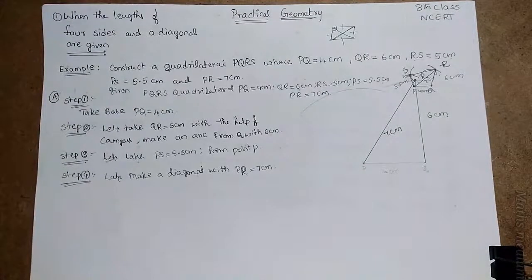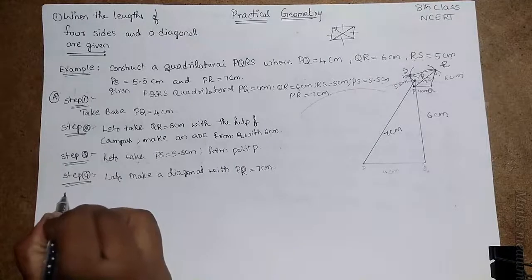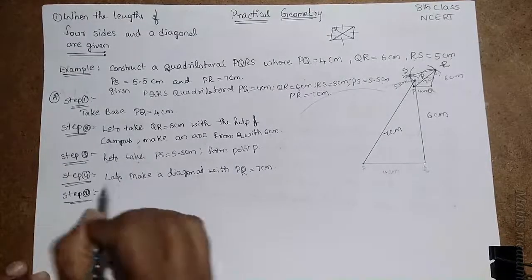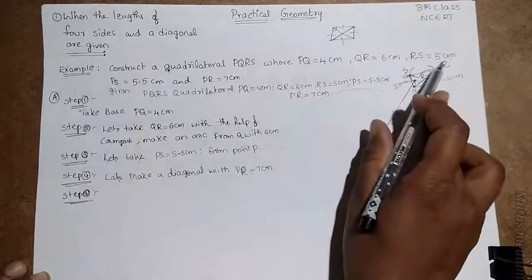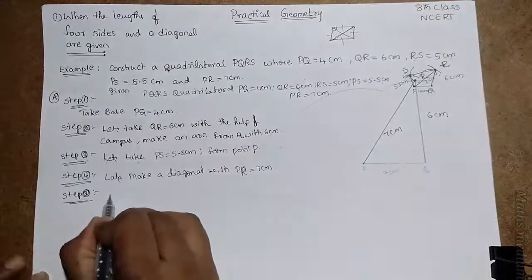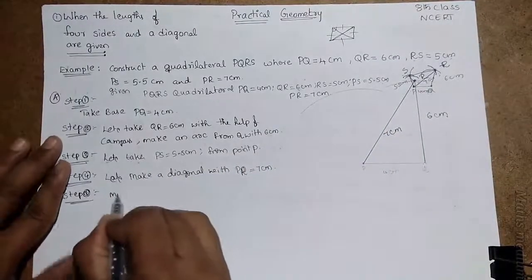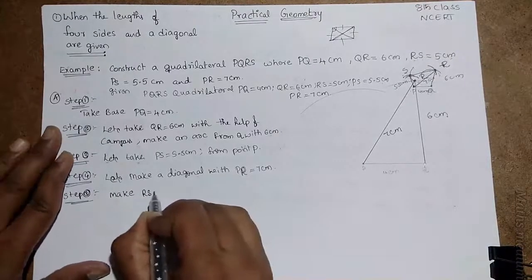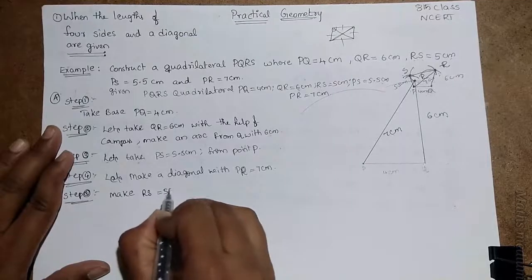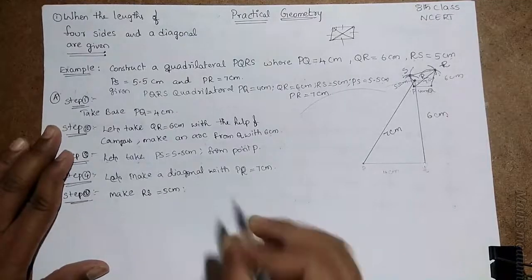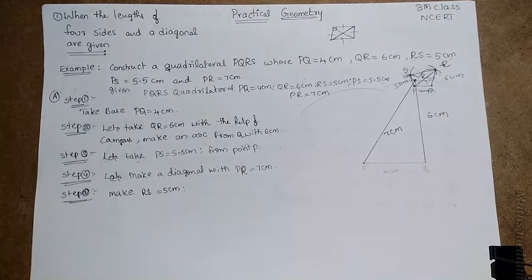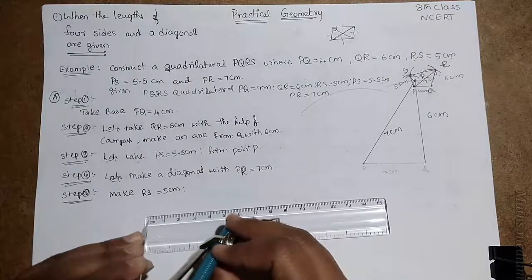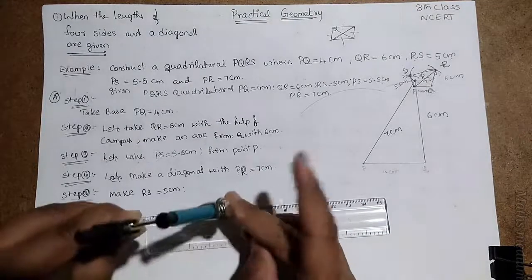Now let's make another step, that is step 5, that is RS equal to 5 centimeters. Make RS equal to 5 centimeters. So take a pencil again and put this pointer at 0.